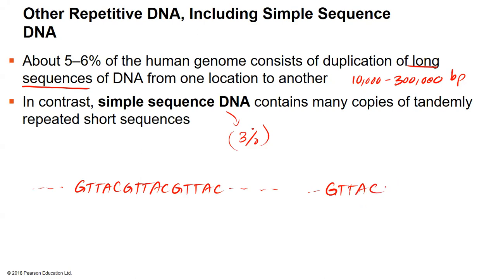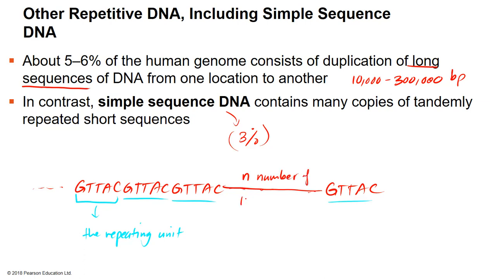So as you can see, this is the repeating unit. The repeating unit is basically the sequence that is repeated in tandem. In tandem means one following the other. So here we might have in between n number of repeating units, and the rest of the genome.